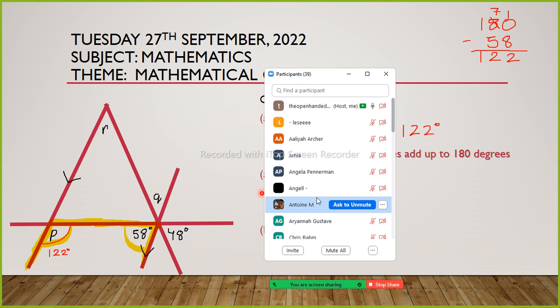Okay, very good idea. She said that she used the idea of vertically opposite angles, and I don't know if you all know of vertically opposite angles.